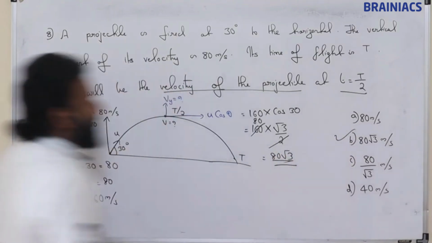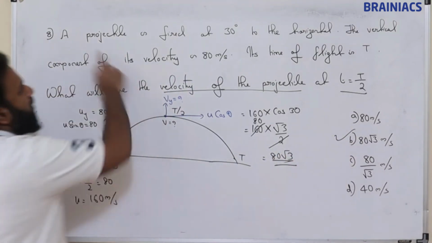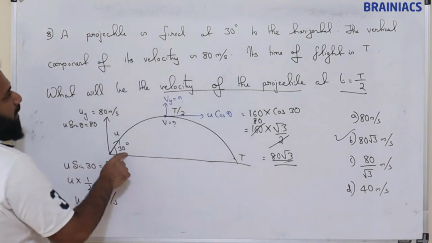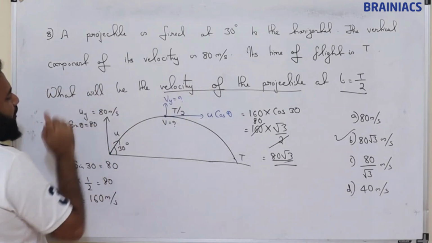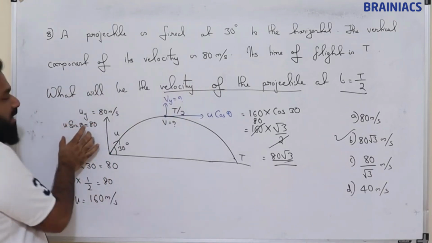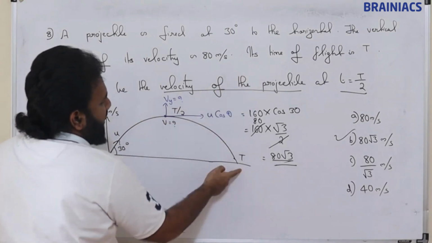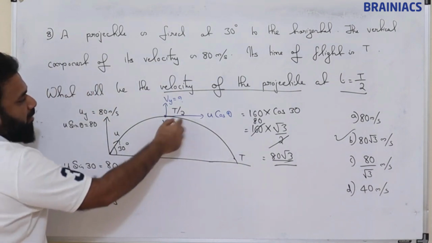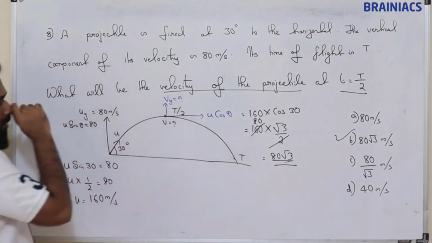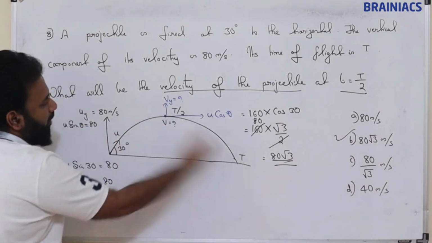Option B. So I repeat, they have given a projectile fired at an angle 30 degrees to the horizontal. The vertical component of its velocity, 80, is given, which is nothing but u sin theta. And they are asking, its time of flight is T, what is the velocity at t is equal to T by 2? Capital T by 2 means half of the total motion.